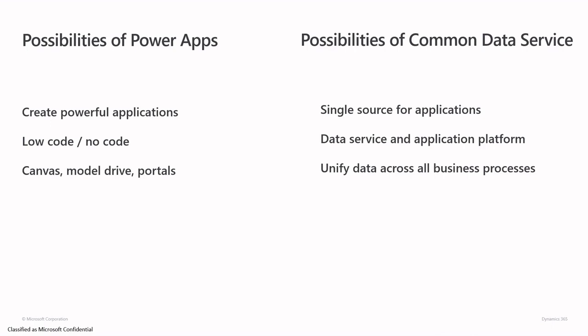Then I will have this data inside the Common Data Model. Here I can also join other applications' data and build Power App applications on top of this Common Data Model. So Common Data Service can be a data service and application platform which will unify all your data across all business processes and much more.